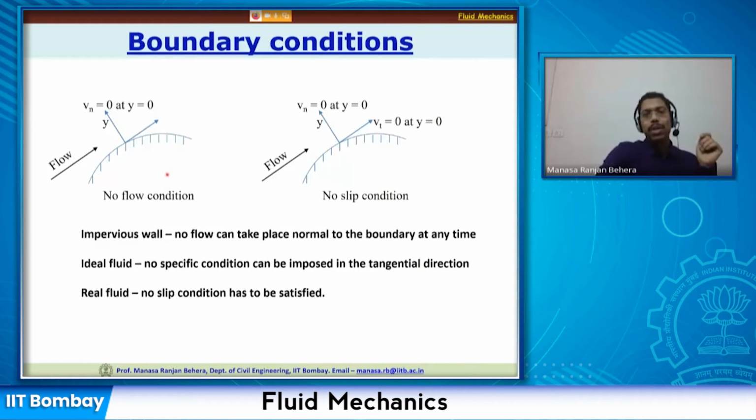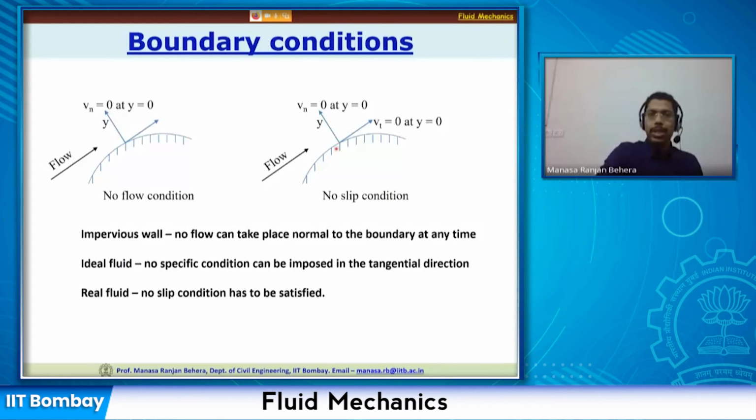At the same time, this can happen with ideal fluid. Now, if you have real fluid, it has viscosity, it will have friction, it will have stress at the surface. So the fluid particle at the surface is not going to move. It has to have the same displacement or same speed or same movement as the surface. Now, if the surface is static, then the tangential velocity at the surface is also going to be 0.